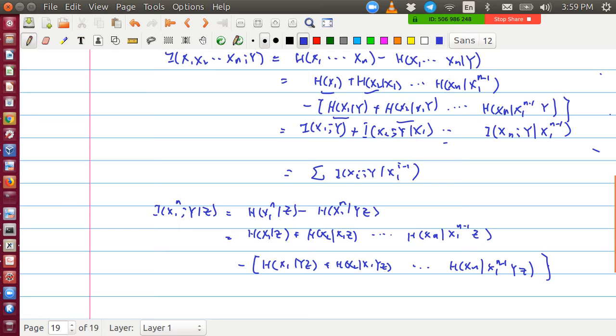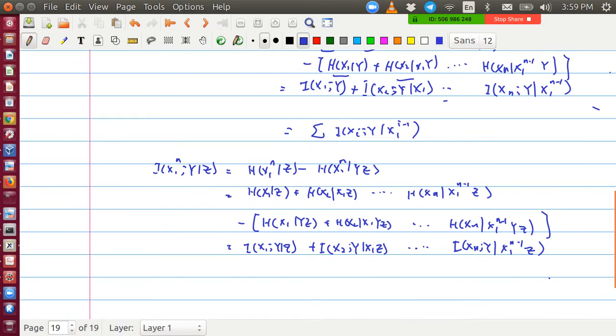And so then the first term is I(X1; Y given Z) plus I(X2; Y given X1, Z), right, and so on, I(Xn; Y given X1 to Xn-1, Z). So as a summation this will be sum over i of I(Xi; Y given Z, X1 to Xi-1).